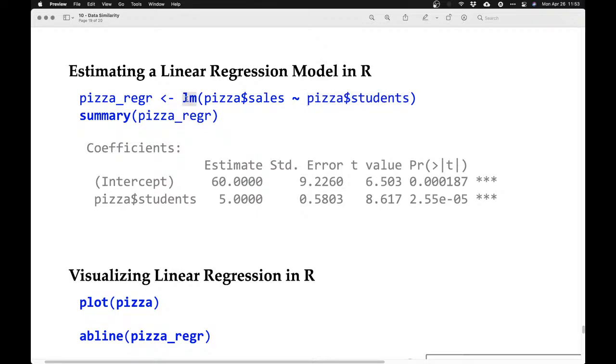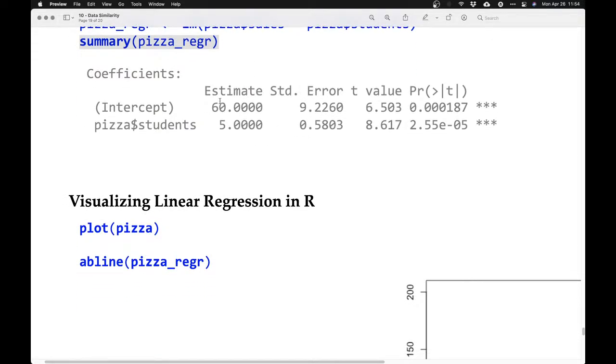And you just call LM, which stands for linear model, and that gives you a regression object. If you take a summary of that regression object, it will tell you certain facts about it, like the relationship between students and sales is 5.0.